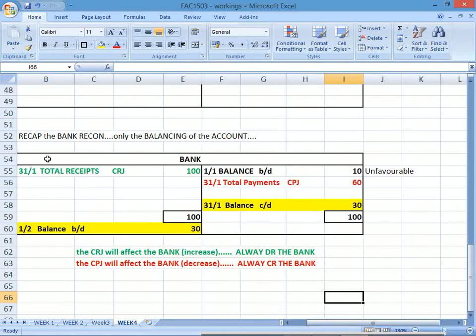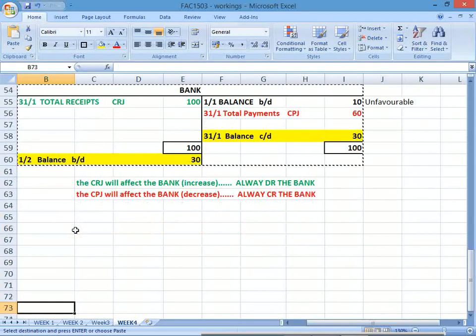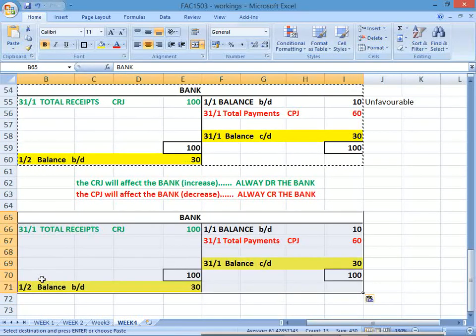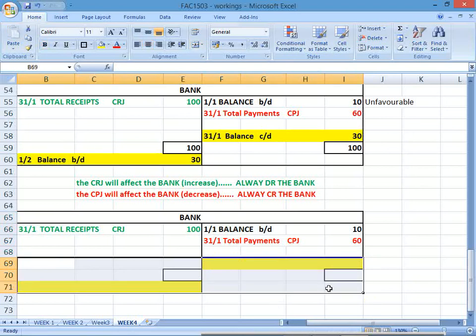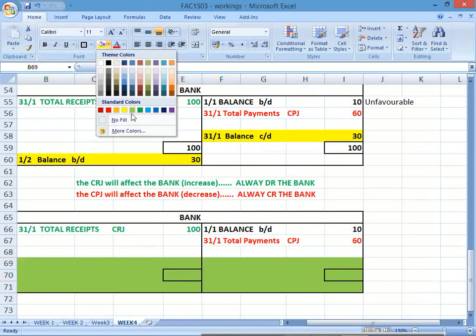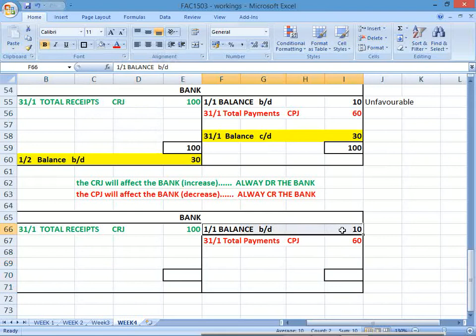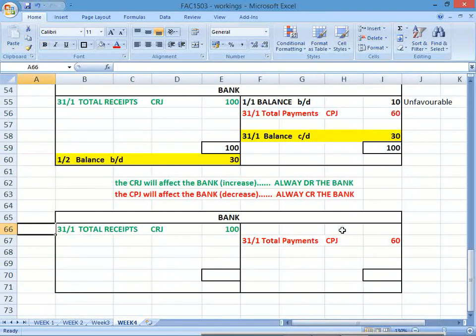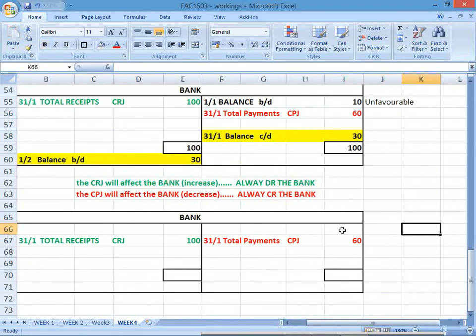Okay, I'm going to give you one to do. Okay, let's say the receipts are 200, the payments are 260.